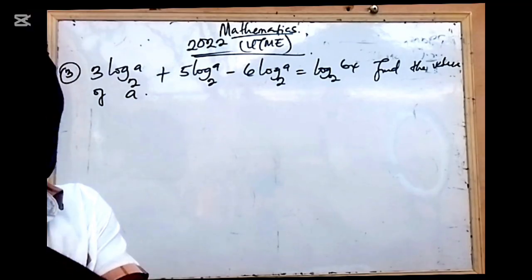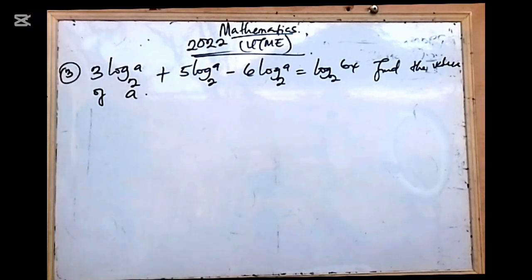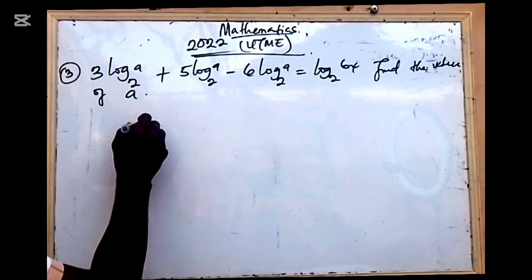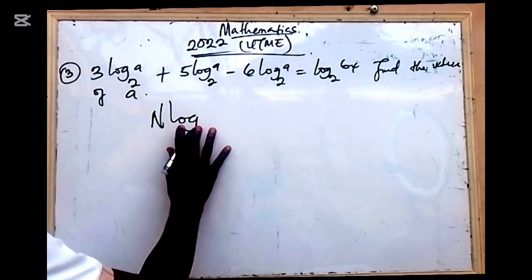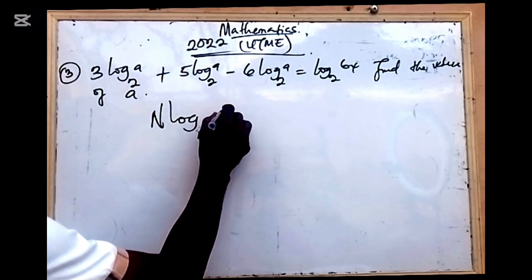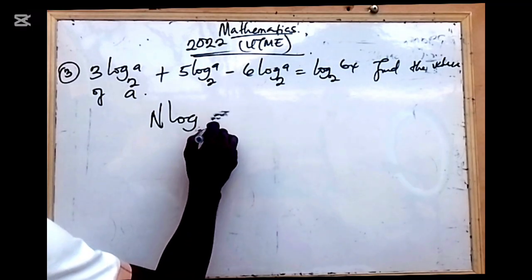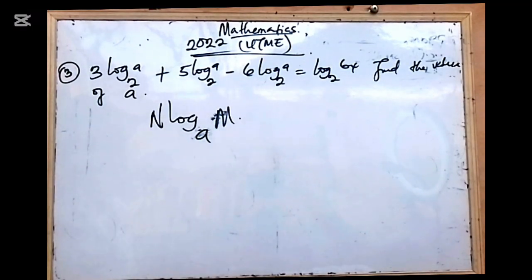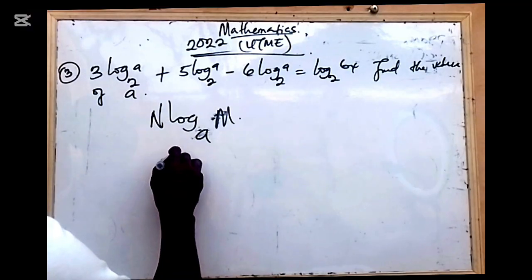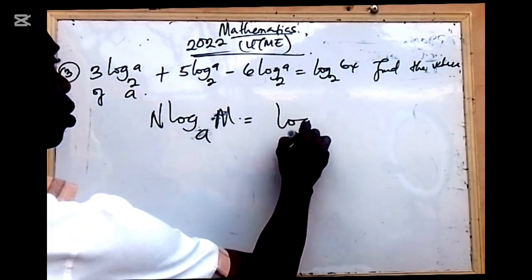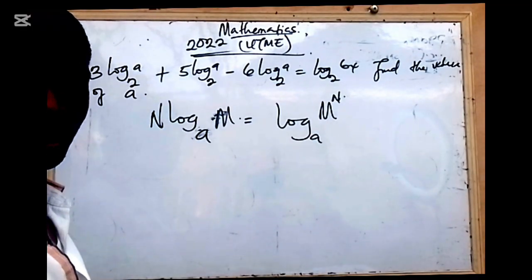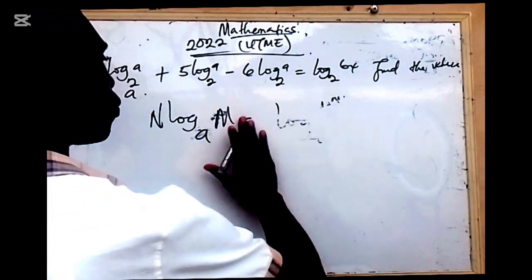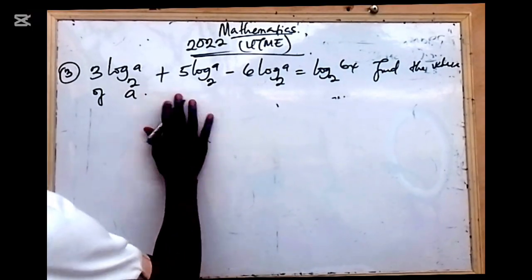Since they have the same base, first of all, according to the laws of logarithm, if we have something like n log a m, we can turn it to become log a of m raised by what? n. You agree? So that's the law we are going to use first in this case.